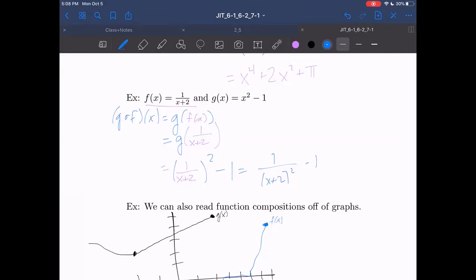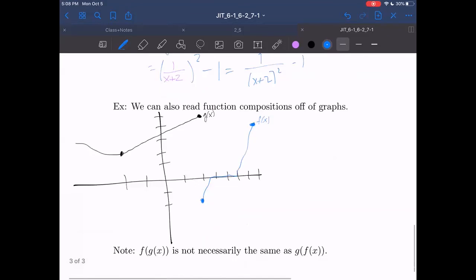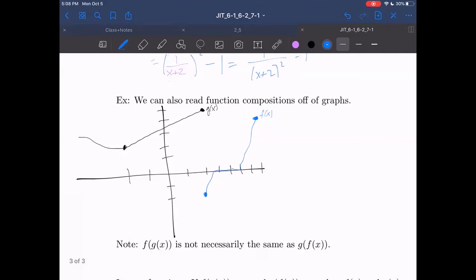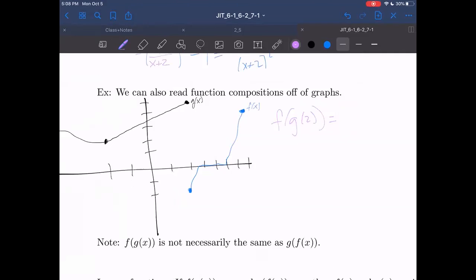Okay. We can also read function composition off of graphs. So let's say we've got a graph of these functions here, and let's say we want to do f of g of 2. Okay, let's say f of x is our blue function and g of x is our black function. So g of 2, we'll do that first.